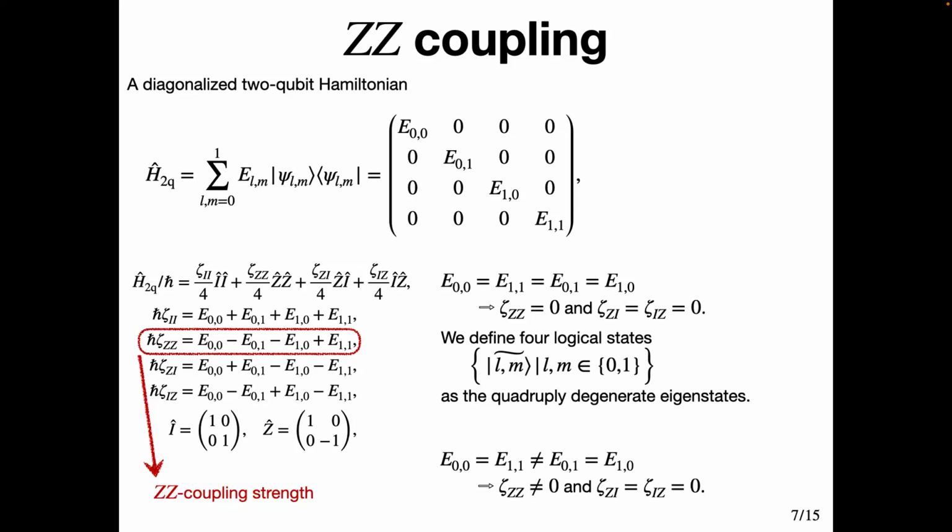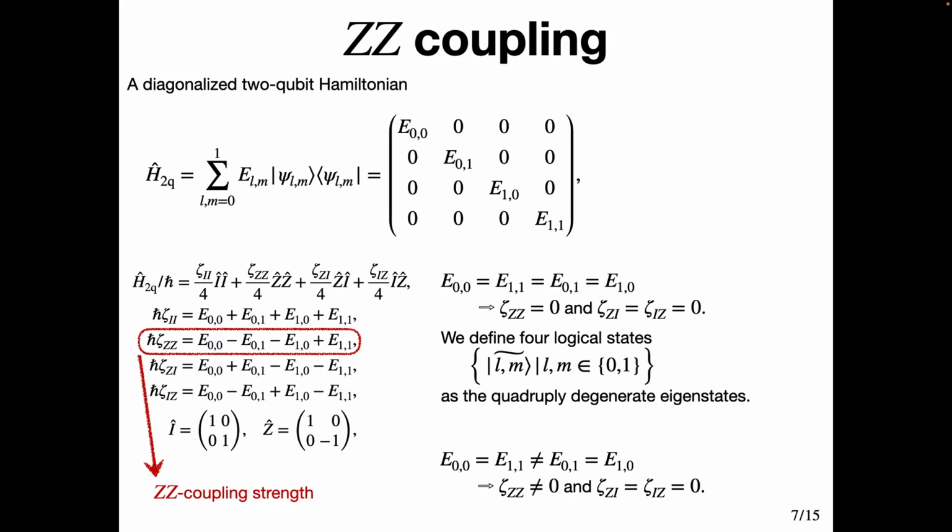Our strategy to cancel ZZ coupling is to make the 4 eigenstates quadruply degenerate by making the 4 eigenenergies equal. In this case, not only theta ZZ, but also theta ZI and theta IZ are equal to 0.